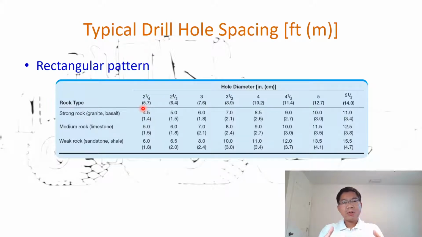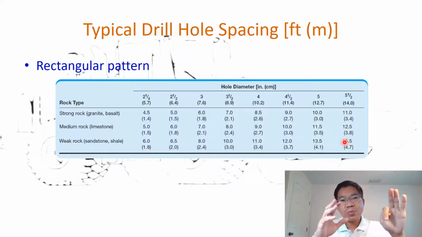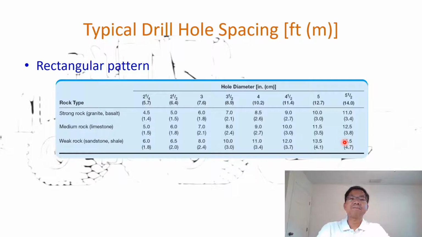It will take more time to drill, more labor, more material, explosive, etc. involved. If it is rock like sandstone or shale, which is sedimentary rock, then you can have looser spacing. And if you increase the diameter, then you need to change the spacing as well. So that is the suggested typical drill hole spacing given the three types of rock that we learned, and then the hole diameter.